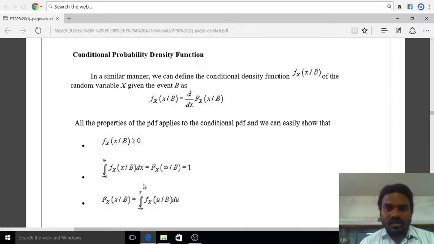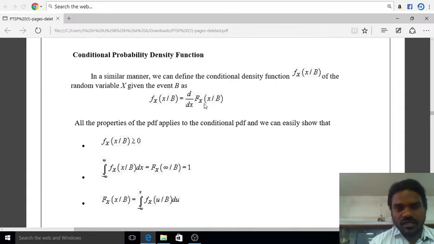Here, small fx of x is the conditional density function, whereas capital F is the probability distribution function. Capital F is the conditional probability distribution function, whereas small fx is the simple density function, and here the probability distribution is Fx of x by b.